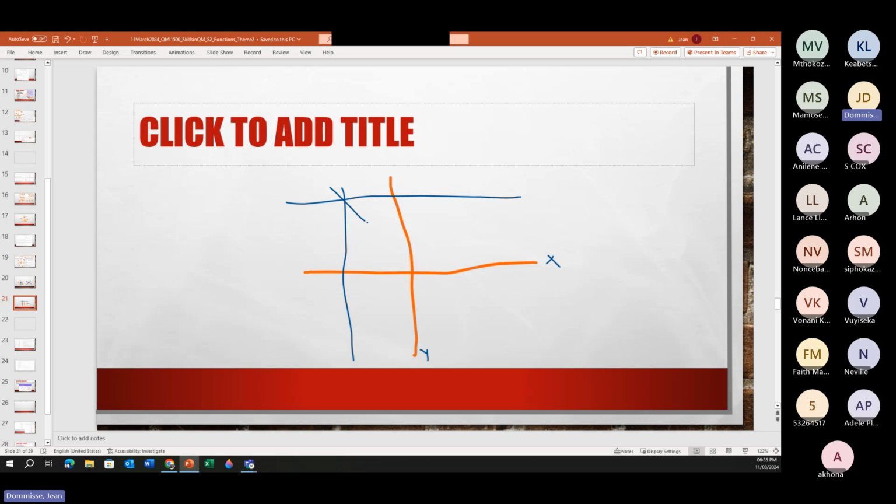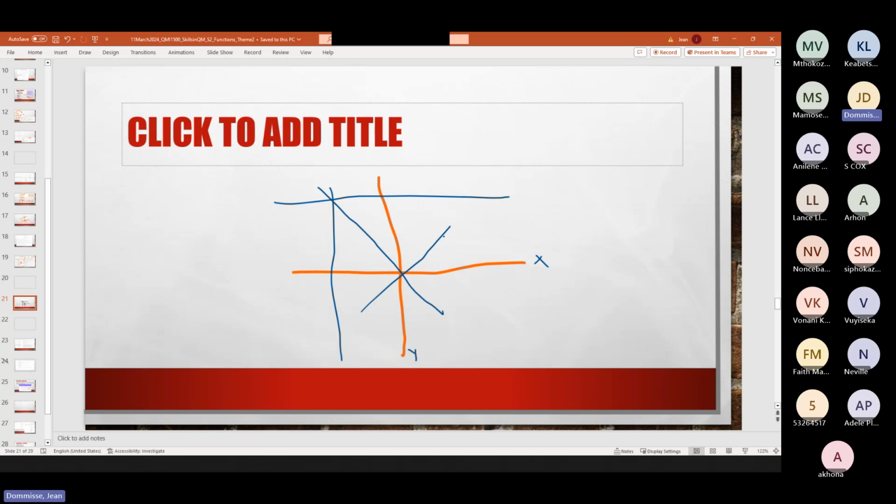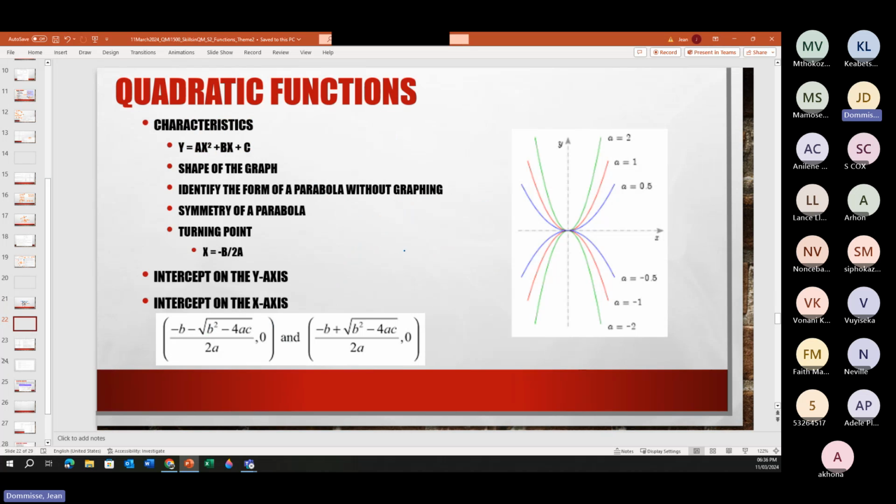You can have the one that goes through the intercept, where that is 0. And then we can even say, okay, let's look at those two that are parallel to one another, where the slope will be the same. Okay, so that is nearly what we have covered up until now with straight lines.